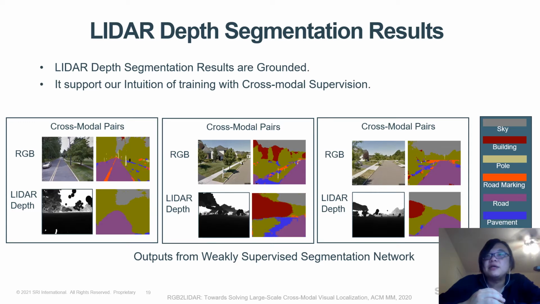The semantic information is consistent across the RGB image and the LIDAR depth map. So the semantic cue provides valuable information compared to the appearance, and can improve our results.